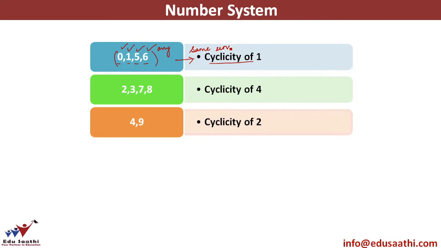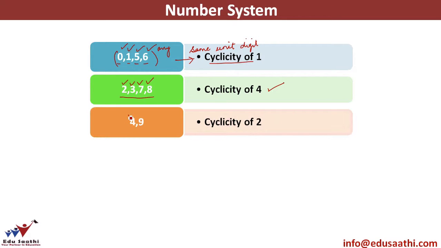So if a number ends with 5, it will always end with 5. If a number ends with 6, raised to any power, it will always end up in 6. The unit digits 2, 3, 7 and 8 have a cyclicity of 4. As we have already discussed, 2, 3, 7, 8 have a cyclicity of 4.